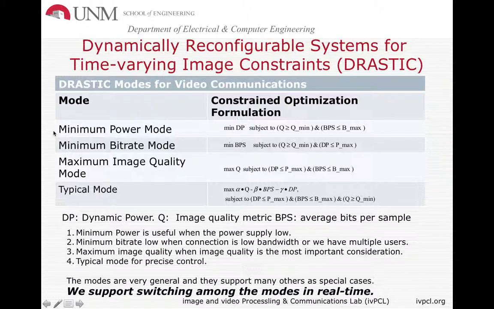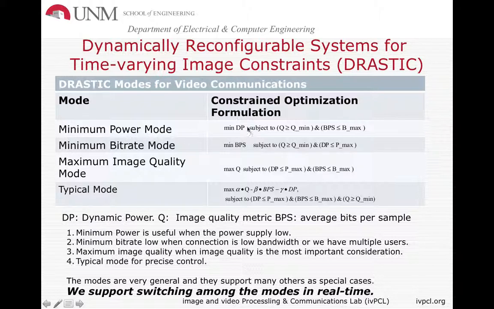Number 1 is, very interestingly, the minimum power mode. You can imagine if you're using a mobile device and your battery life is not significant and you still want, let's say, the doctor to communicate with the patients, then in the minimum power mode, you allow the system to conserve power.